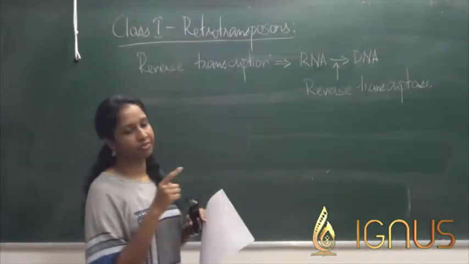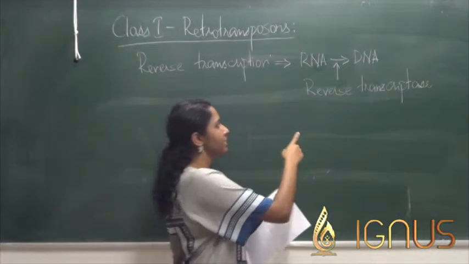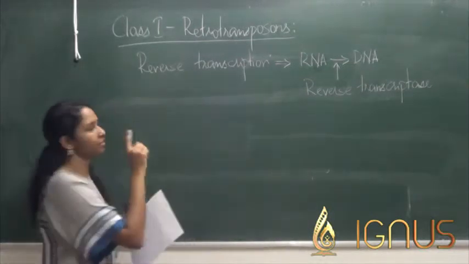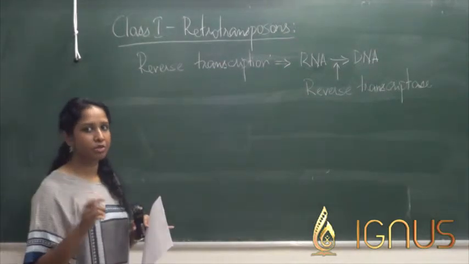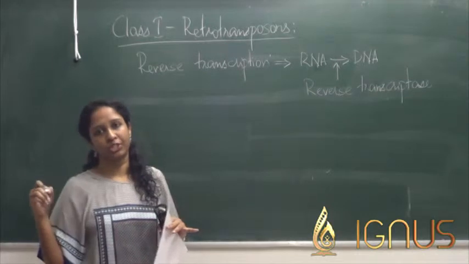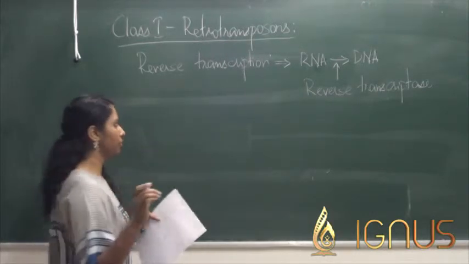RNA gets converted to DNA by the enzyme reverse transcriptase, and this process is called reverse transcription. This is the process that retrotransposons use to move from one location to another. How? I'm going to explain now.